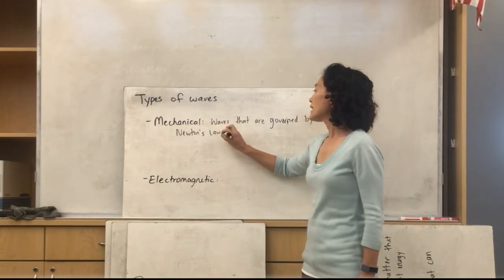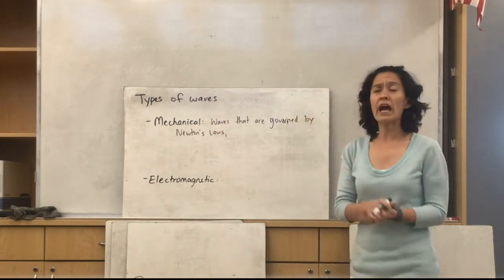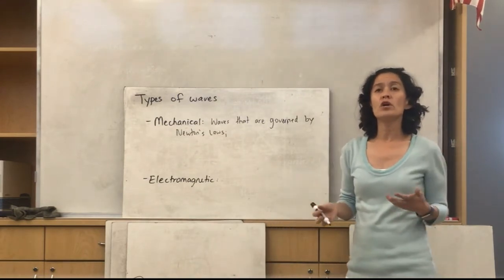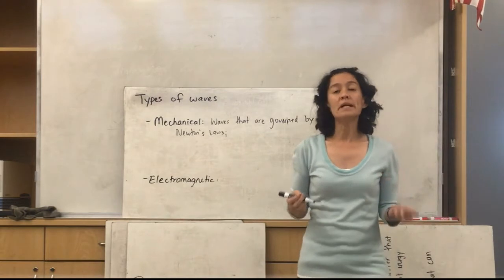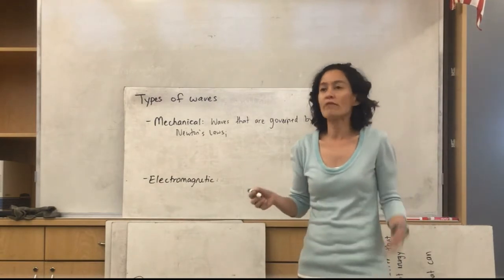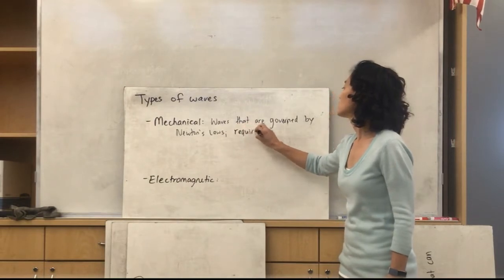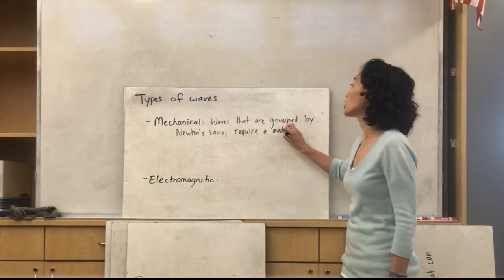Essentially, they have to obey all of our laws from mechanics. And mechanical waves require a medium, or a vessel, to travel through. Okay? So they require a medium or particles.